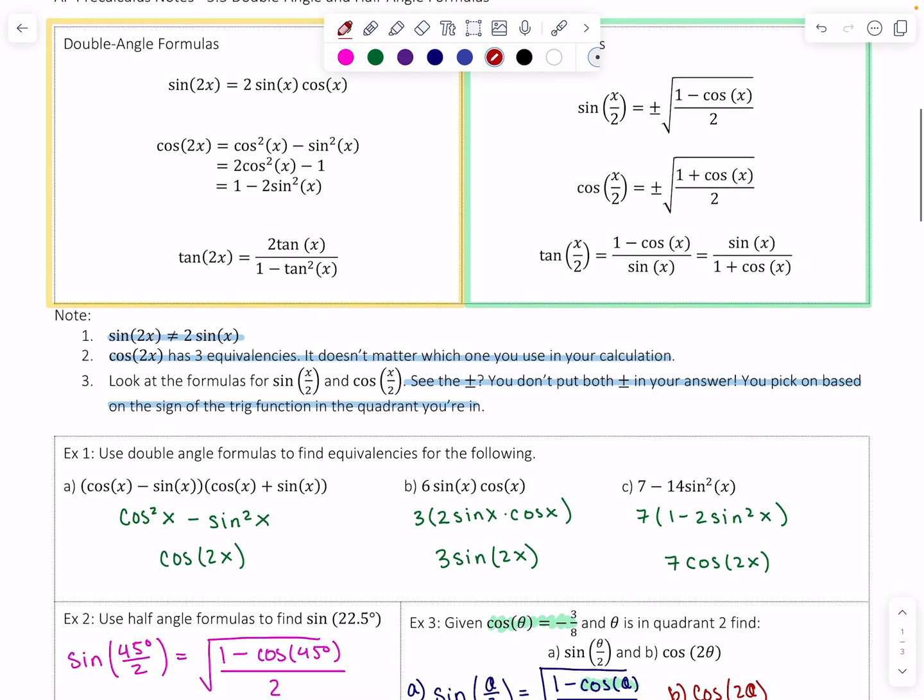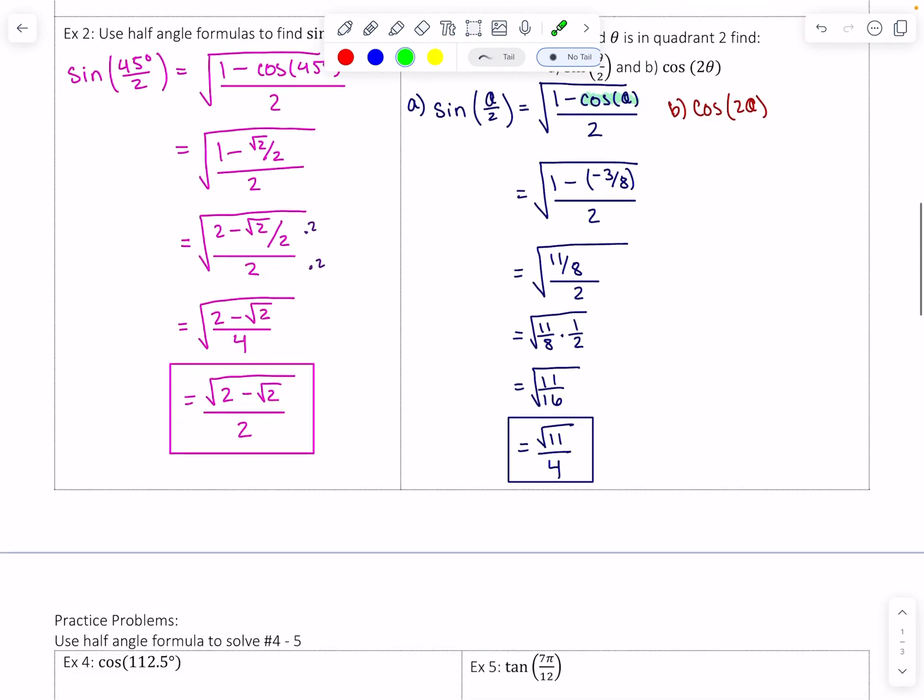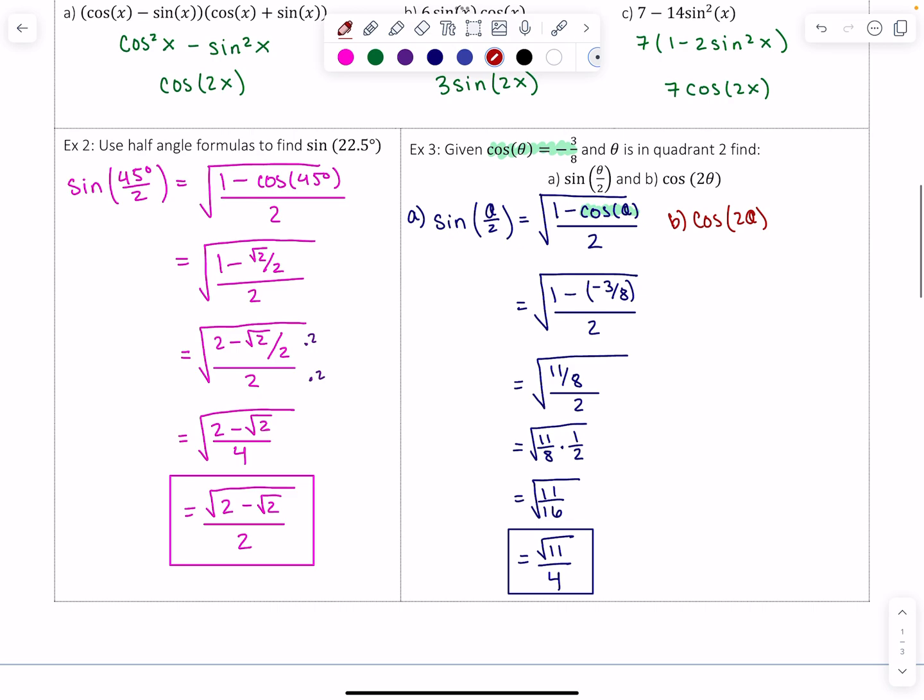Now, in this one, this is why it's important to choose your formula. Hey, I can figure out what sine is. I can go ahead and calculate it if need be. So if you want to, you can do that. But I'm actually going to pick this middle formula here because I have the value of cosine. I don't have to solve for a sine. That seems to be the easiest one to work with here.